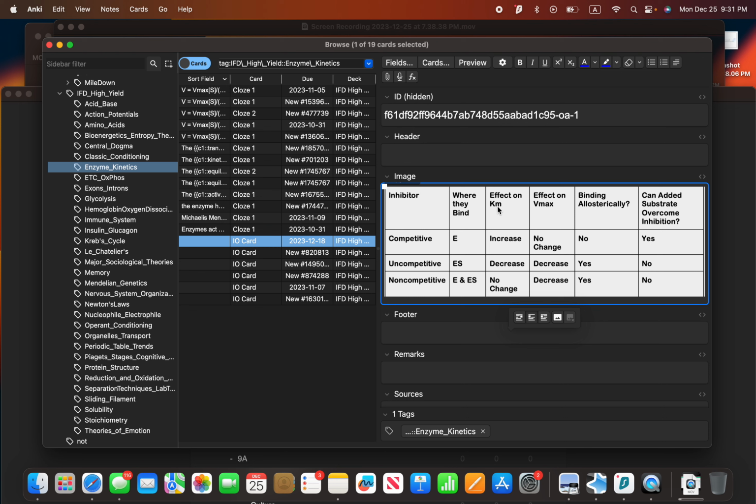And now, what effect does the competitive inhibitor have on the Km and the Vmax?